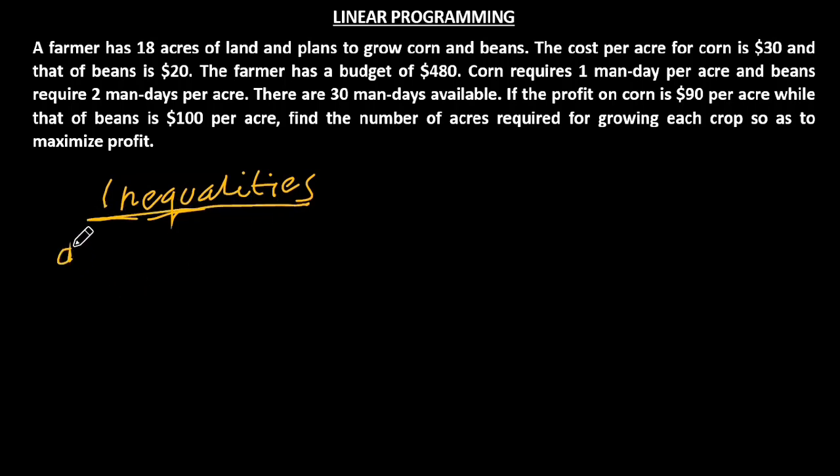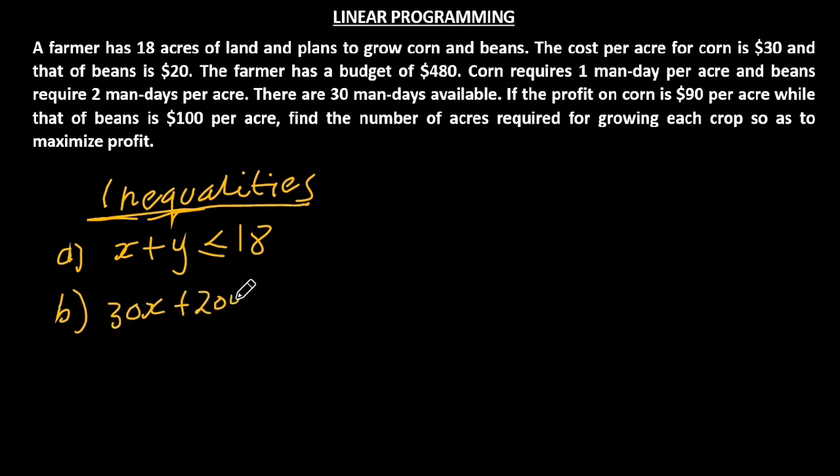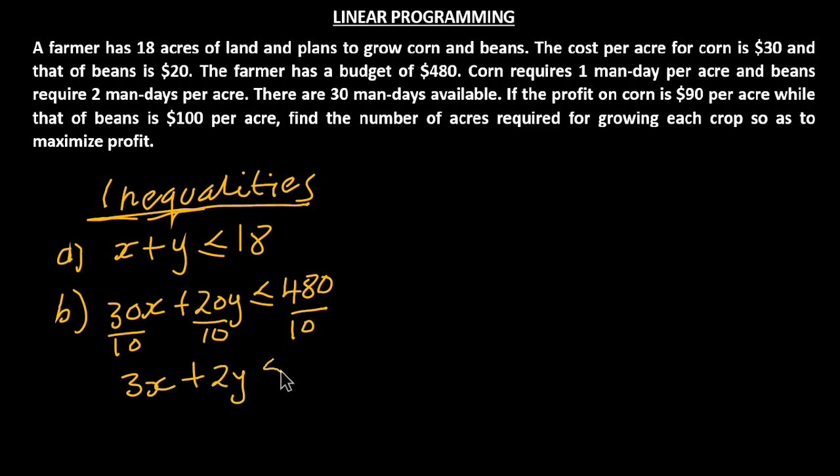So my 5 inequalities are: A, the first one is x plus y is less than or equal to 18. The second one is 30x plus 20y, less than or equal to 480. I can simplify this by dividing by 10 on both sides of the inequality to get 3x plus 2y is less than or equal to 48.